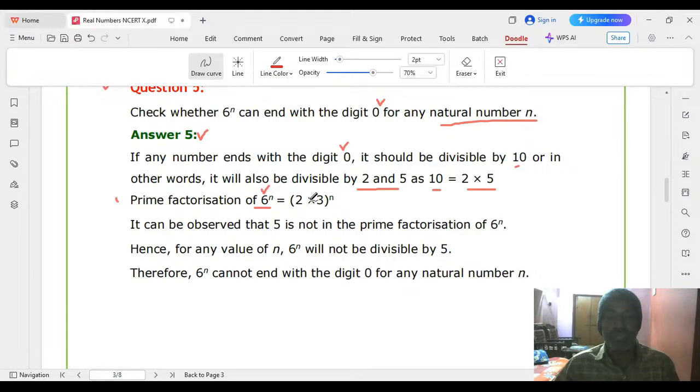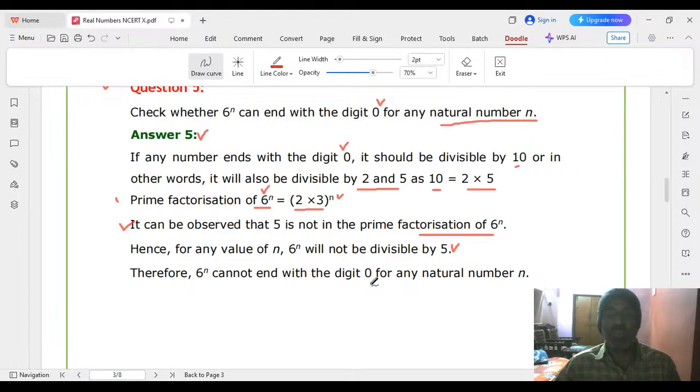So the prime factorization of 6 has 2 and 3 and it has no 5. So it can be observed that 5 is not in the prime factorization of 6 to the power n. Hence any value of 6 to the power n will not be divisible by 5. If it is not divisible by 5 for any value of n, therefore 6 to the power n cannot end with the digit 0 for any natural number.